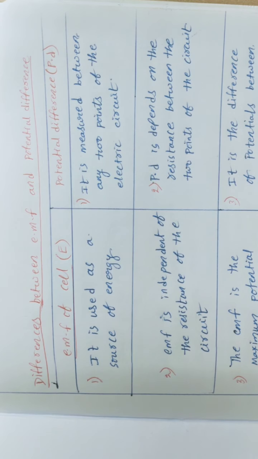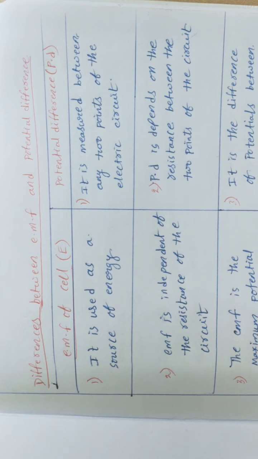Next, potential difference is measured between any two points of the electric circuit. That means how much difference is present between those two points is called the potential difference in that circuit. Next, electromotive force never depends on the resistance involved in the circuit.